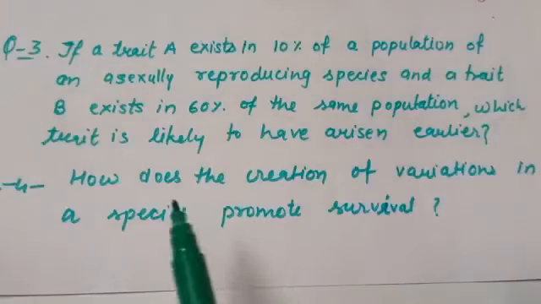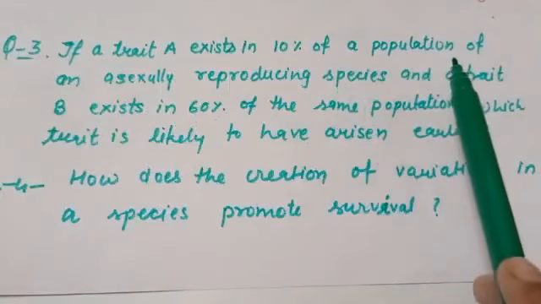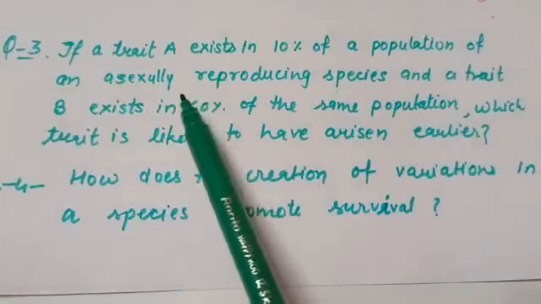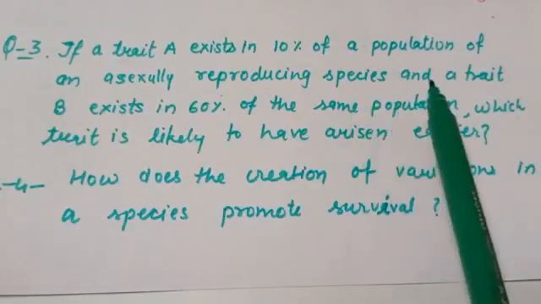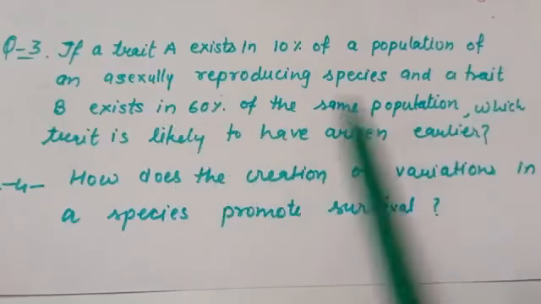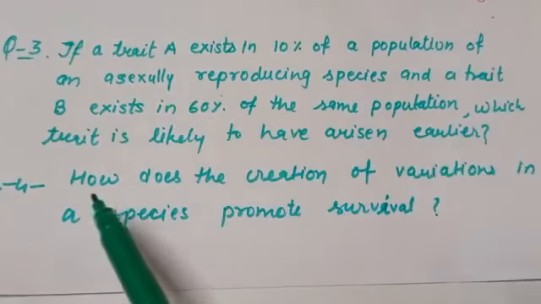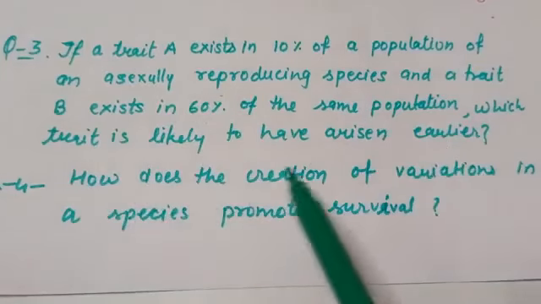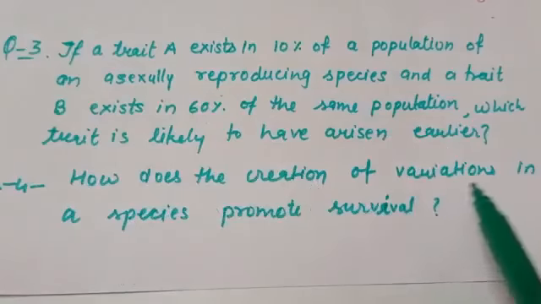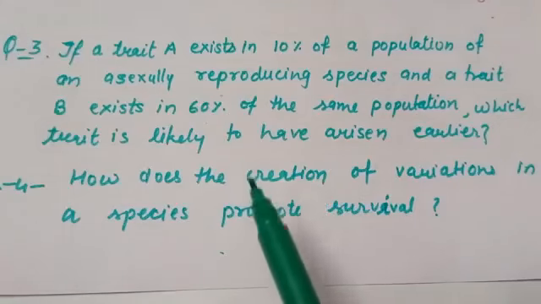Question number 3 is, if a trait A exists in 10% of a population of an asexually reproducing species and a trait B exists in 60% of the same population, which trait is likely to have arisen earlier? Question number 4 is, how does the creation of variations in a species promote survival? Children, do these 4 questions in your fair notebook as today's homework.